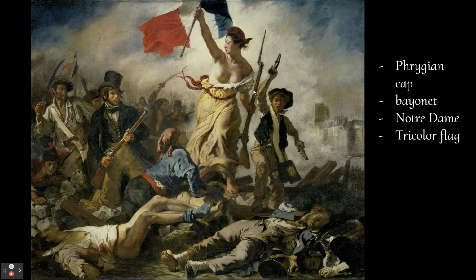And if we think about the attitude or feeling of Lady Liberty, she looks really confident. She is climbing over this barrier here. She's striding forward. She's kind of looking back behind her to make sure people are following her.